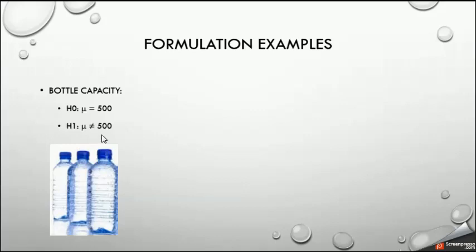In fact, we are worried that the mean value of water bottle capacity has changed either above or below the mean value, which is 500. So we write H1, the alternative hypothesis, that mu is not equal to 500. This is called a two-sided hypothesis.